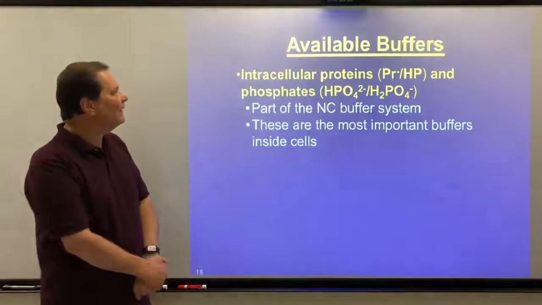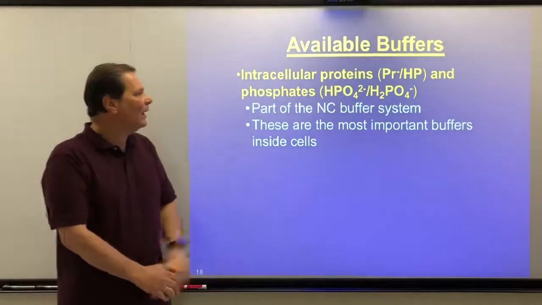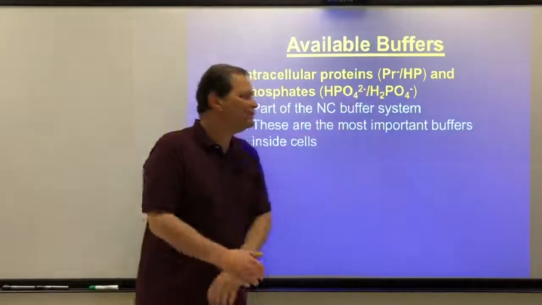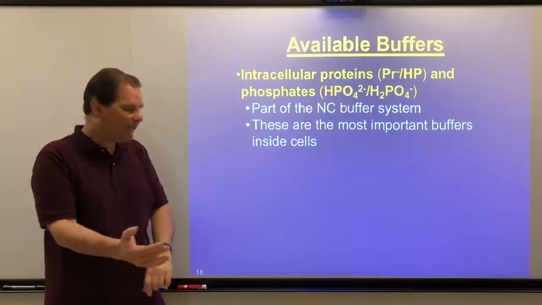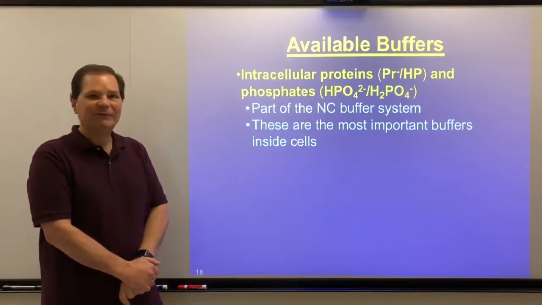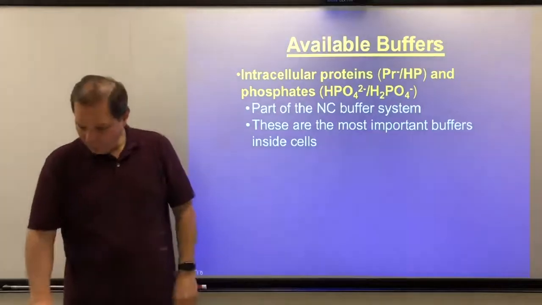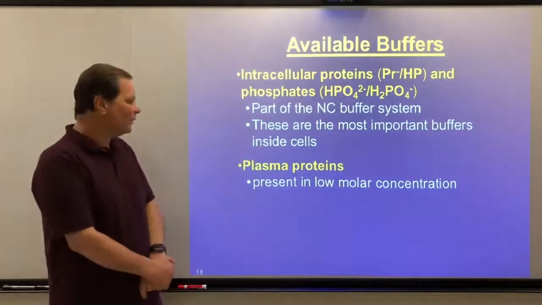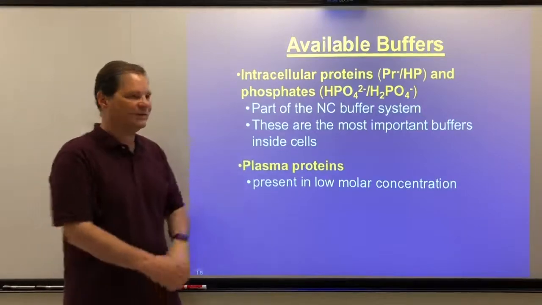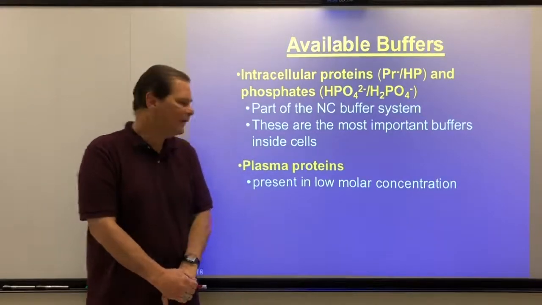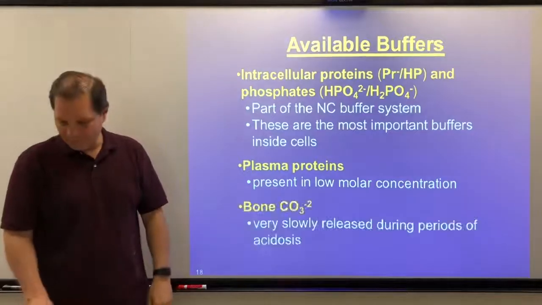We also have intracellular proteins and phosphate, which bind to hydrogen ions, again, mostly intracellularly, but they're fairly important buffers as well. And then we finally have plasma proteins, which are less important because they're at a lower concentration than the bicarb and the hemoglobin, but nevertheless they have an impact, okay?